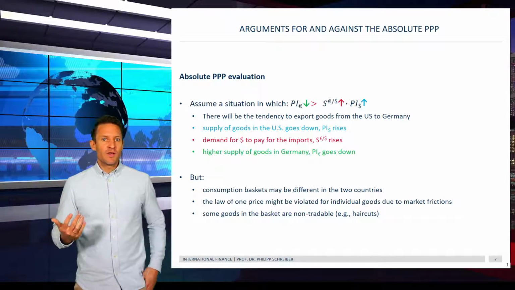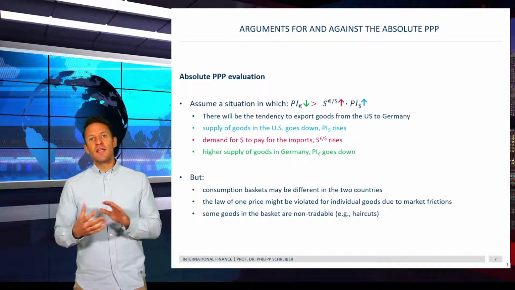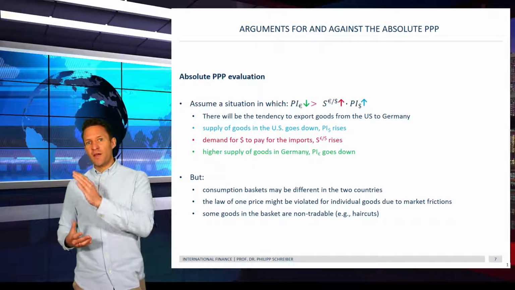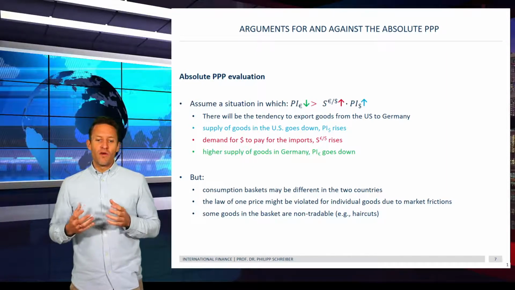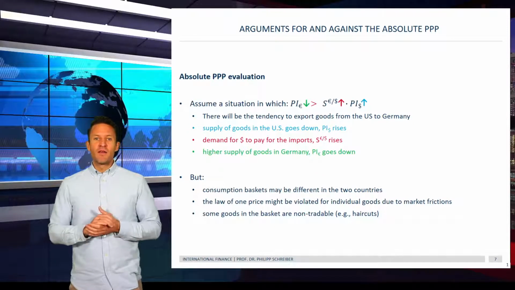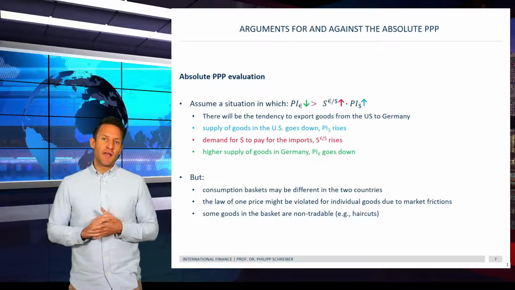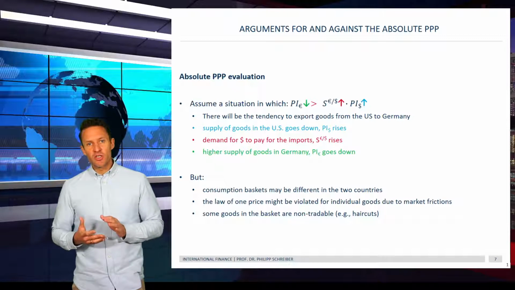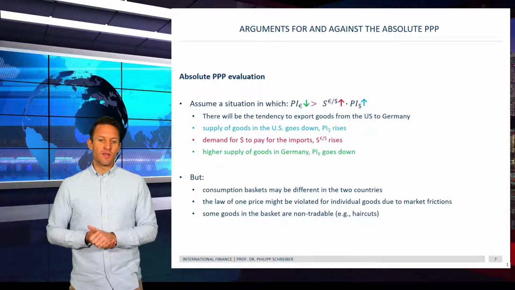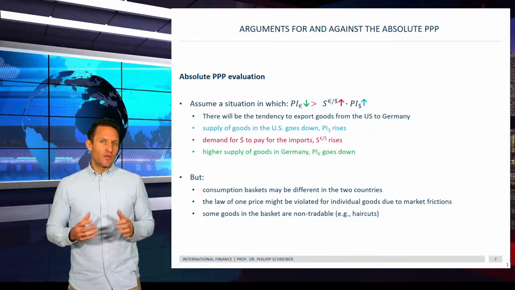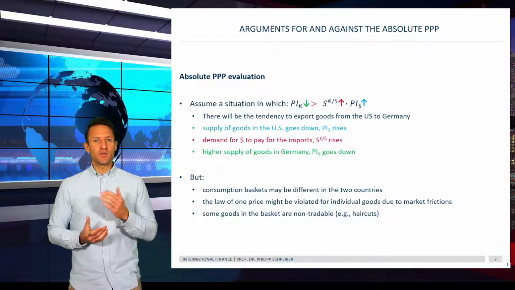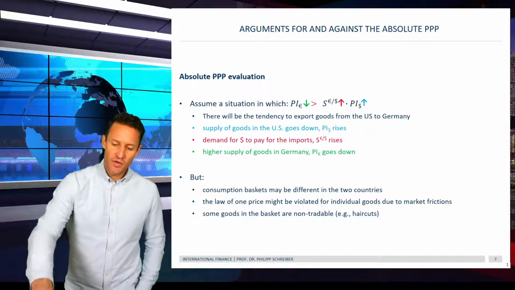The transaction cost will eat up all the savings from this cheaper haircut. So the law of one price might be violated because of some market frictions, transaction costs, and so on and so forth. But overall, this idea is actually quite good and might help us to understand why exchange rates fluctuate.